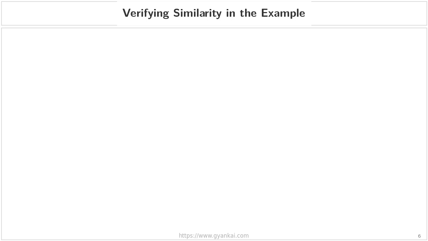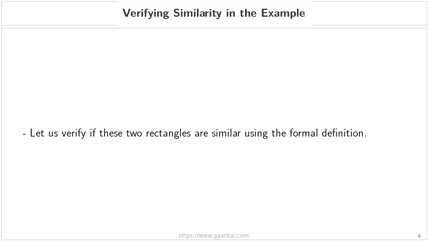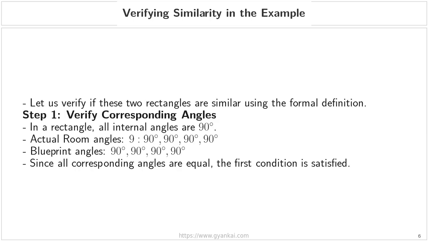Verifying similarity in the example. Now that we have our scenario involving the architect's blueprint, let's put that formal definition we discussed earlier to the test. We are going to verify, step by step, if these two rectangles are mathematically similar. First, let's look at step 1, verifying the corresponding angles. As we know from our study of quadrilaterals, every internal angle in a rectangle is exactly 90 degrees.